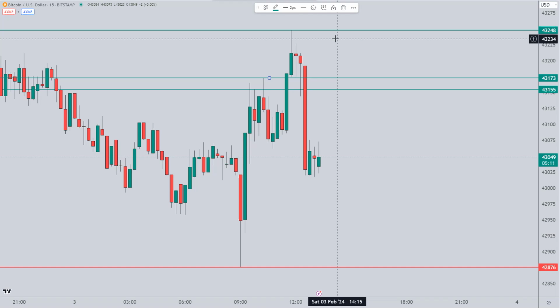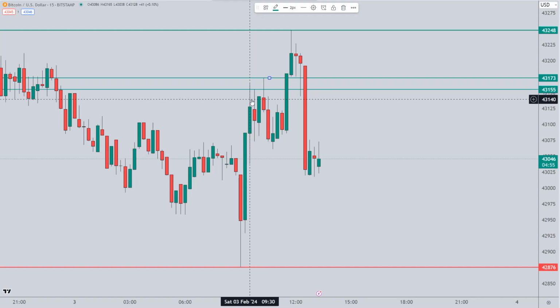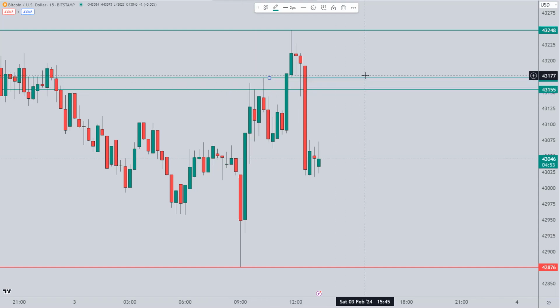Another thing to keep in mind is that while you might not reclassify something on a smaller time frame, like on the 1-minute chart, we did not reclassify this. We kept it major resistance. But on the 15-minute chart, well, it does get reclassified. So that's another thing to keep in mind.